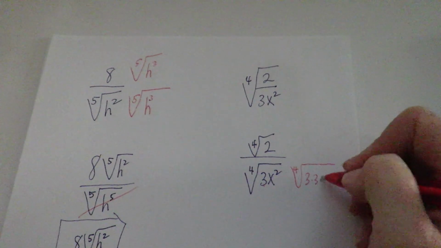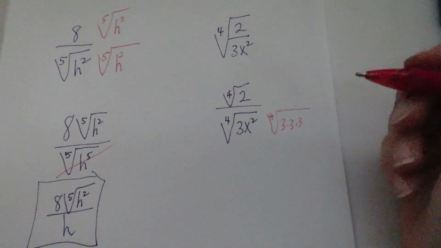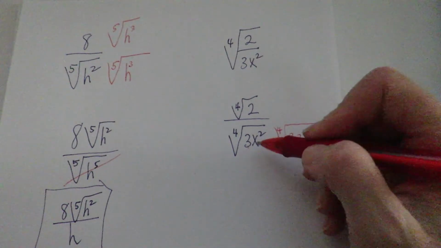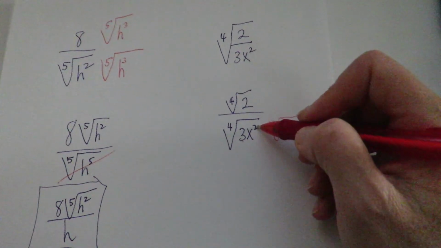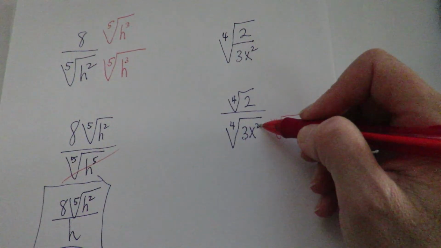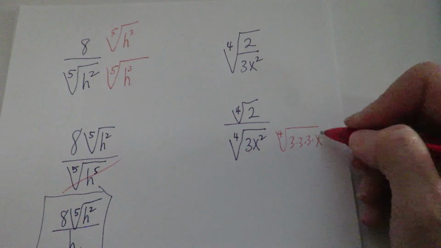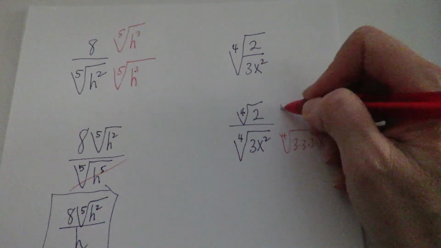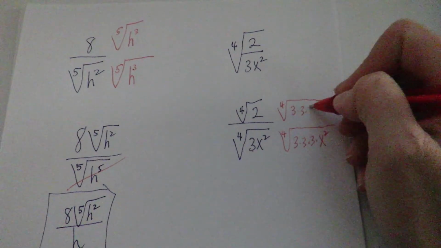So you can write it as 3 3s, or if you prefer, write it as 27. It's just up to you. Now we need 4 x's. Right now we have 2 x's. So how many more do we need? We're going to need 2 more, so that we have a total of 4 x's. So whatever you give to the denominator, make sure you give it to the numerator.